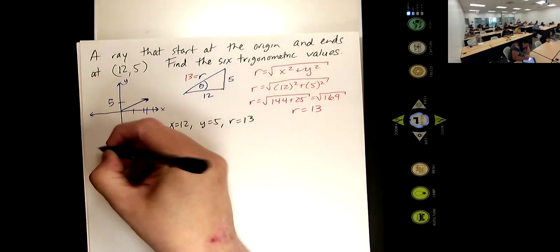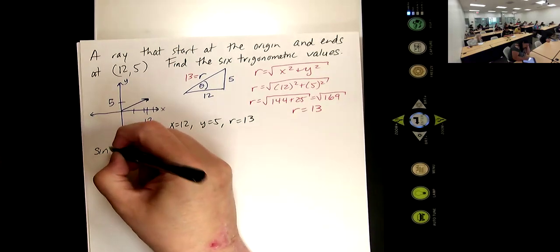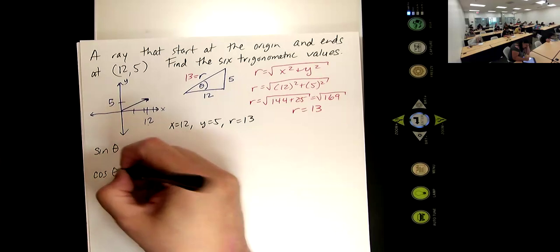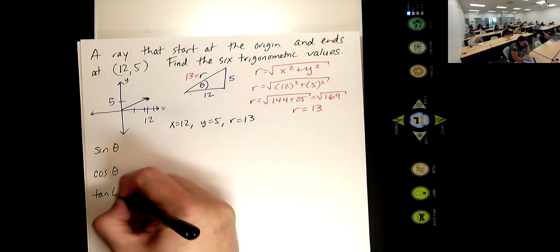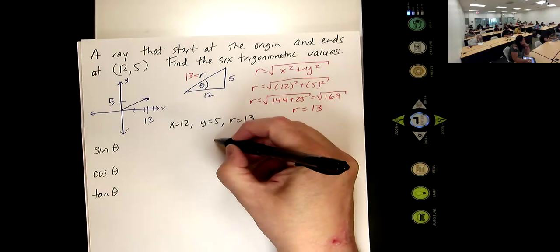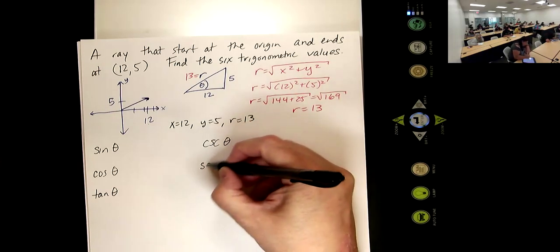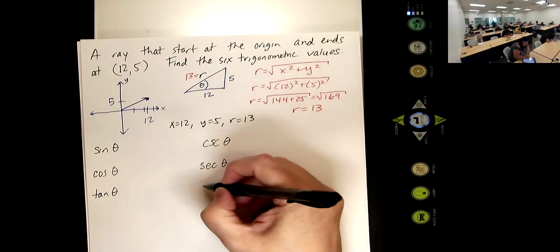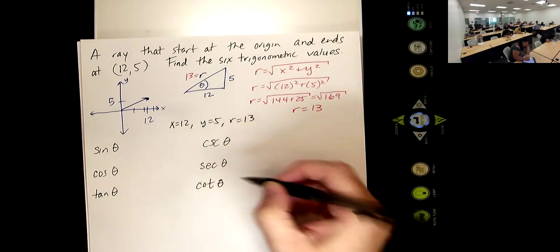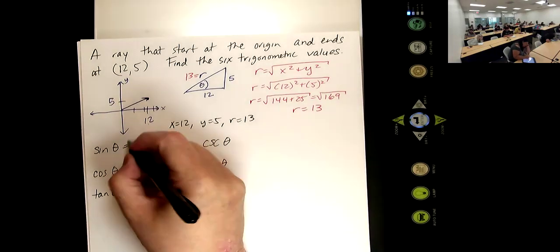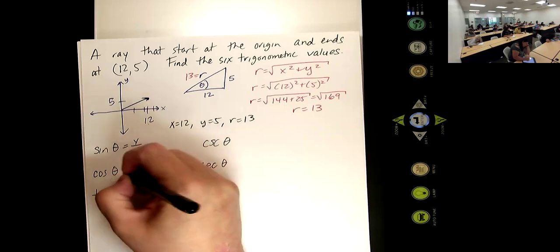We're going to go through and fill out our 6 trig functions. Write them down real quick. You can write down the relationships again real quick.